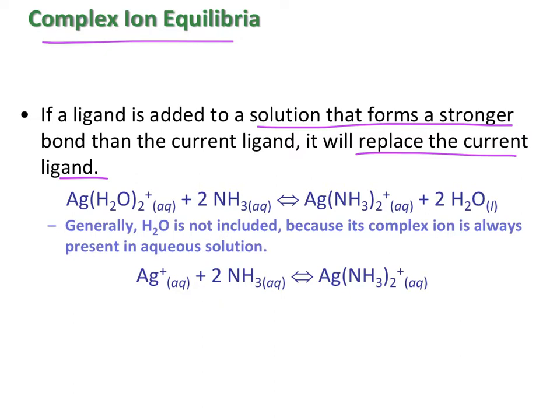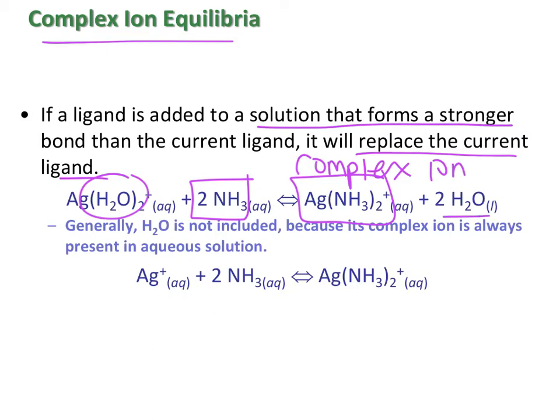So because of this, you can have competition if you add a different ligand. So here we have ammonia as the ligand in this case. And what it's doing is replacing the water that was originally in the complex ion. So here you get a different complex ion, right, as the product.